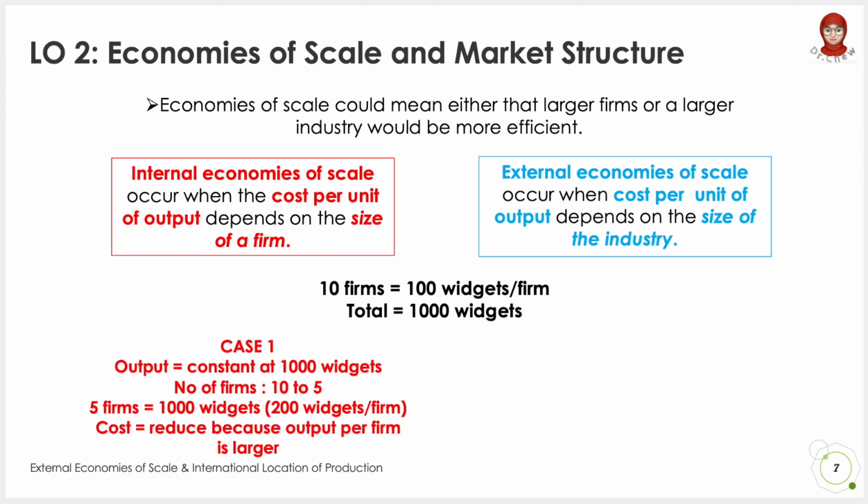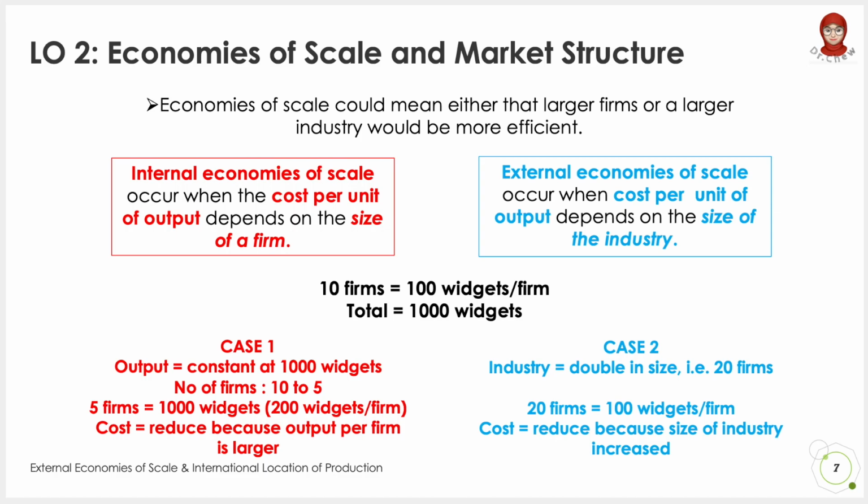First, suppose the industry output is held constant at 1,000 widgets, but the number of firms is cut in half so that each of the remaining 5 firms produces 200 widgets. If the costs of production fall in this case, then there are internal economies of scale. That is, a firm is more efficient when it's able to produce larger output.